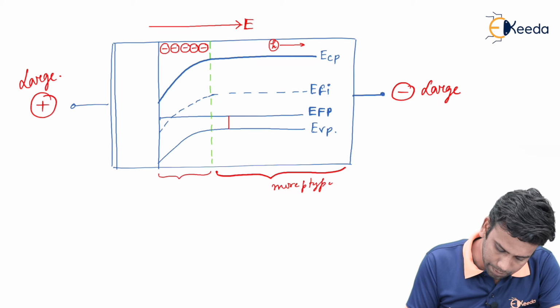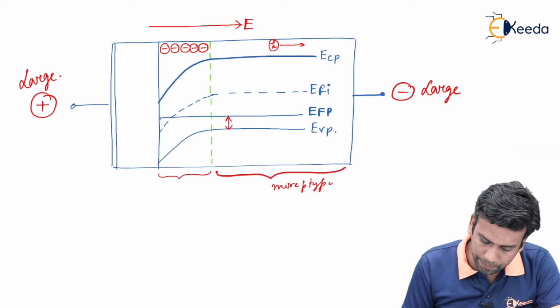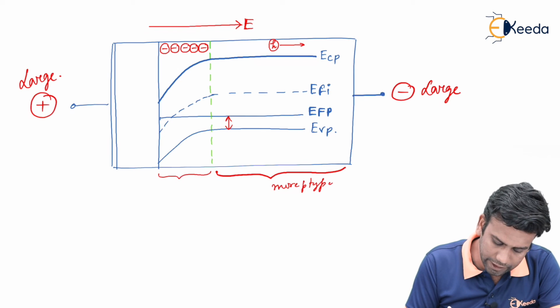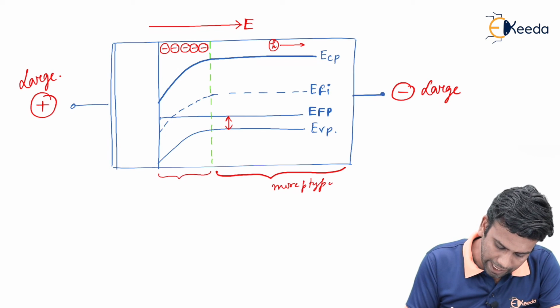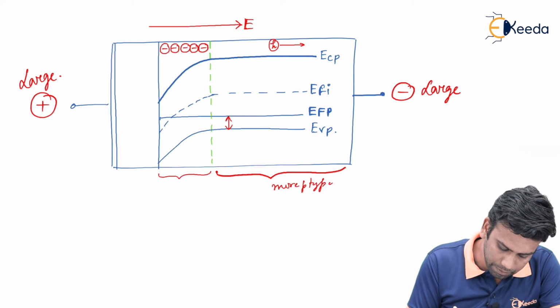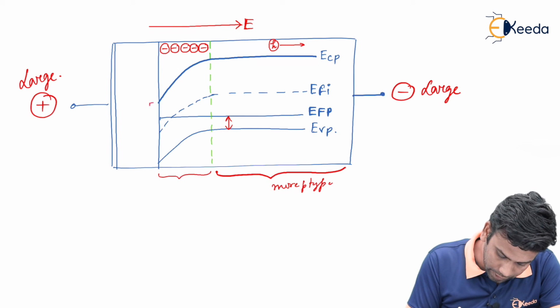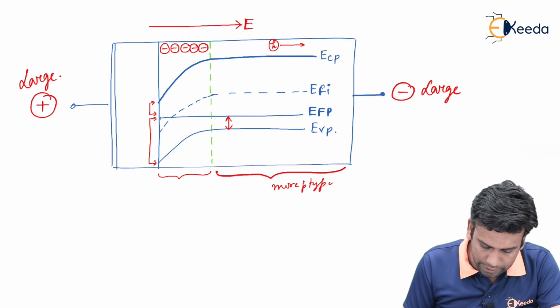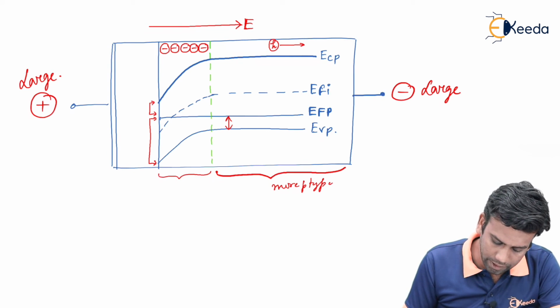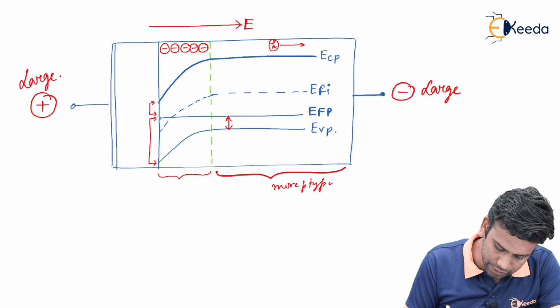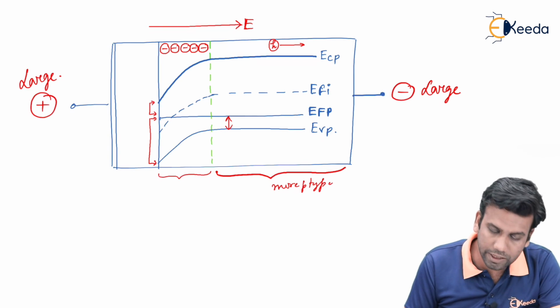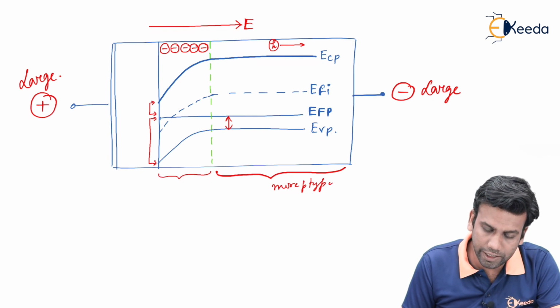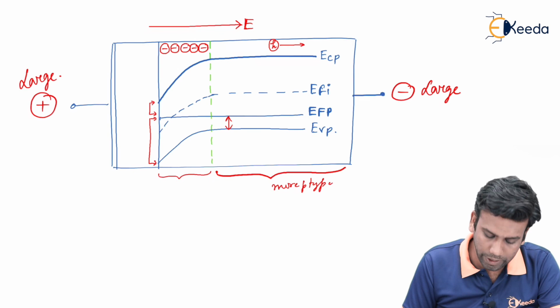That is why the gap between the EVP and EFP has been increased by a significant amount, and at the interface we can see the gap between the conduction band minima EC and the EFP is this amount, but the gap between the valence band and the Fermi level is this amount. That is why we can say that within this interface region the semiconductor has been inverted from p type to n type.